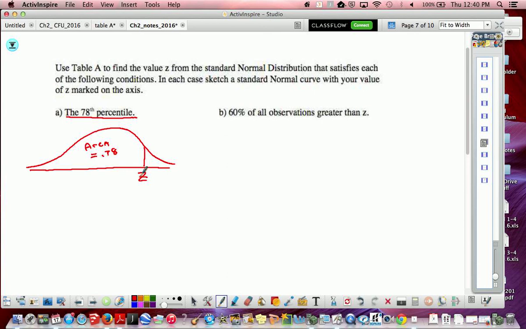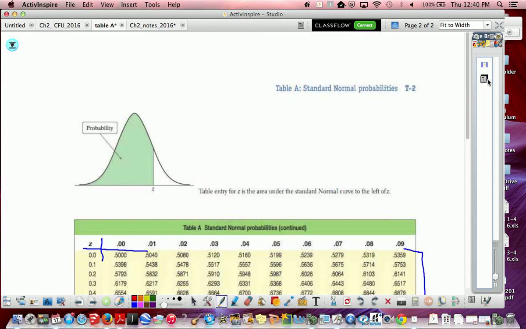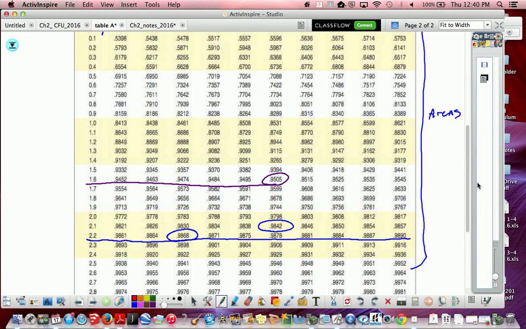So now, to do that from Table A, you're working backwards. If I go to Table A, since I know that area is more than 50%, am I doing a negative z-score or a positive z-score? Positive. So I can go right to the positive side. Excellent.